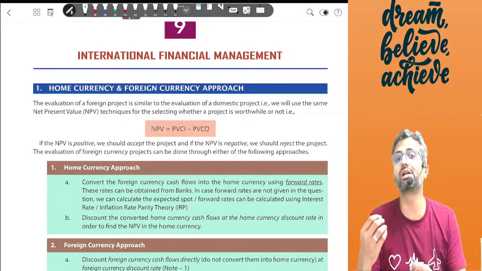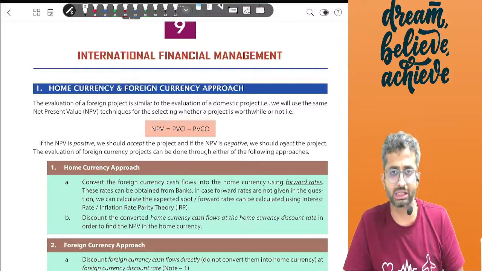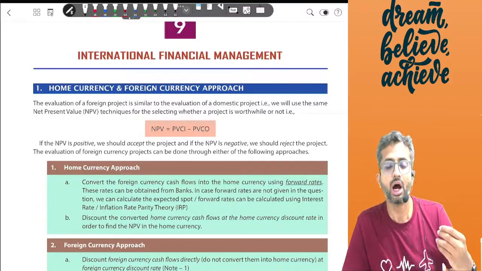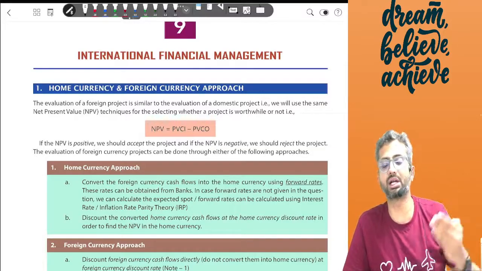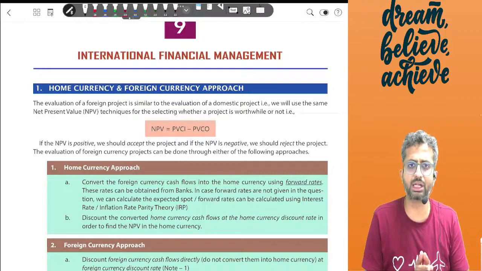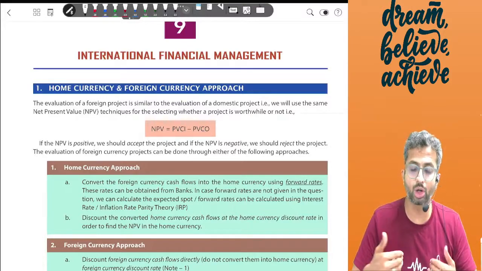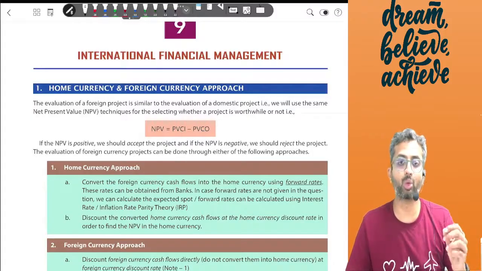So what are the additional complications or challenges that can possibly come in an international capital budgeting scenario? First, you will have estimated cash flows in a foreign currency. You are an Indian company, let us say. So what do we need to do? We either need to convert these cash flows into the home currency. But at what rate will you convert?